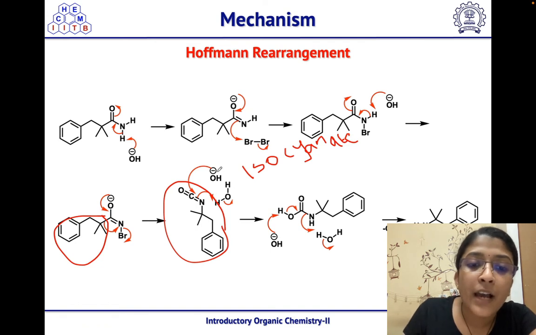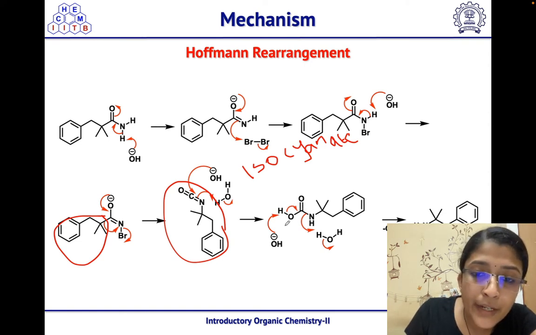Now the hydroxyl will attack this carbon, and the nitrogen will abstract a proton from water, and we will get a system like this. Now the hydroxyl will abstract the proton from the acid part of this system, and then carbon dioxide will be removed. The bond is breaking and this part is removed.